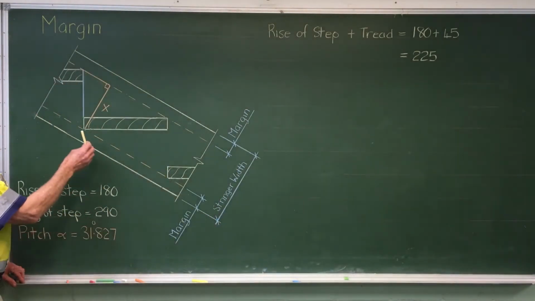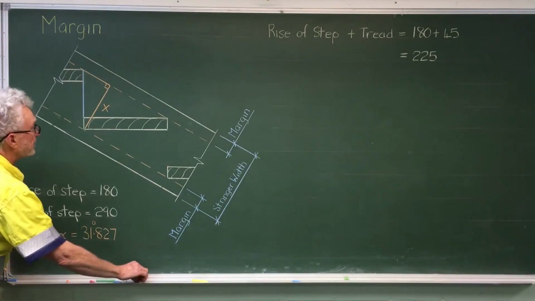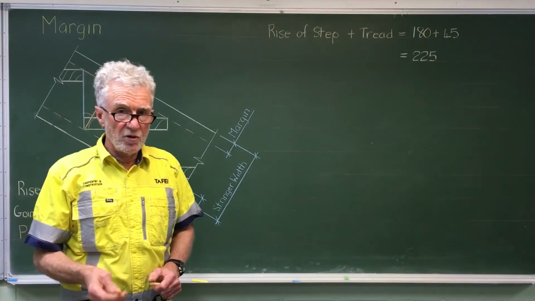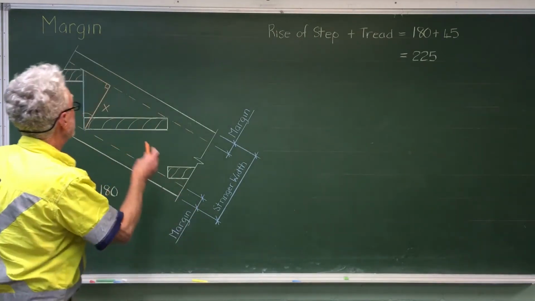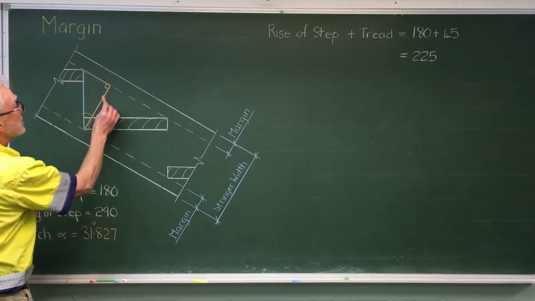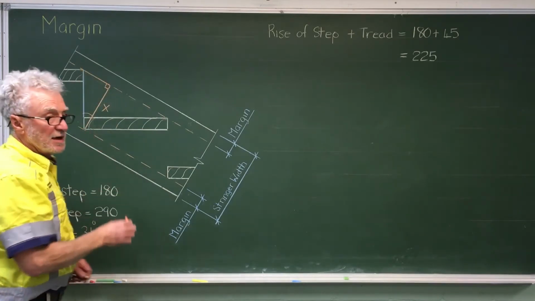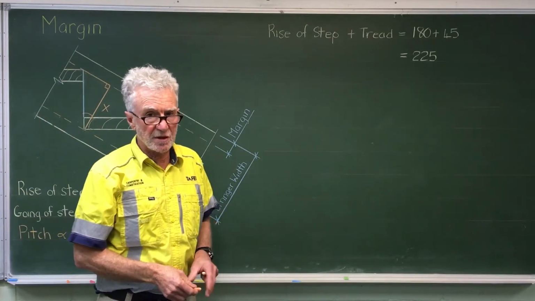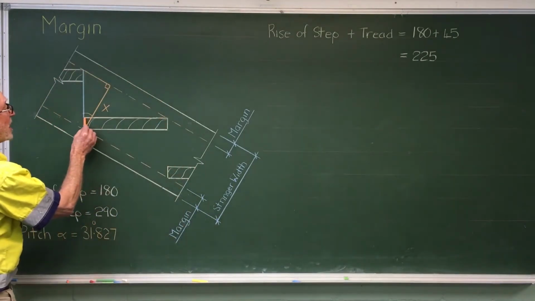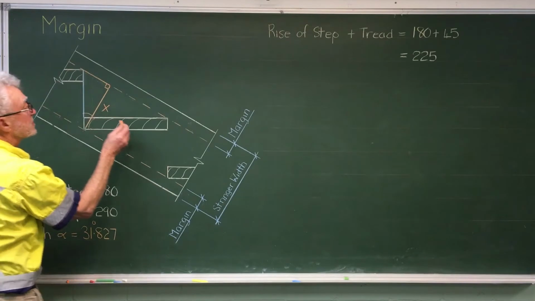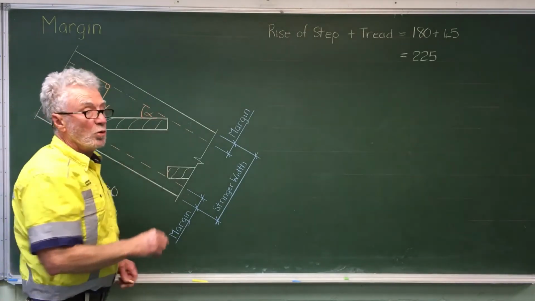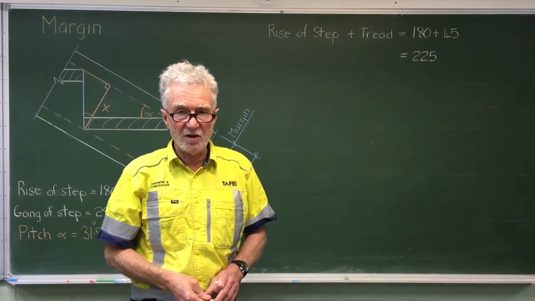Now, we need the angle in the corner, this angle. It can be proved with geometry that this bigger triangle here and this smaller triangle there are similar triangles. So if we think about the bigger triangle going across the going of step and up the rise of step, we already know that angle alpha.